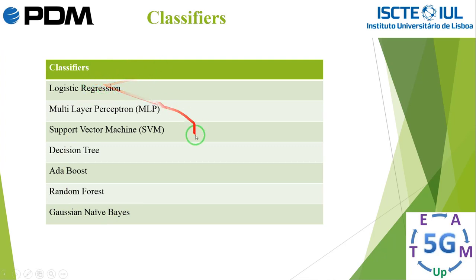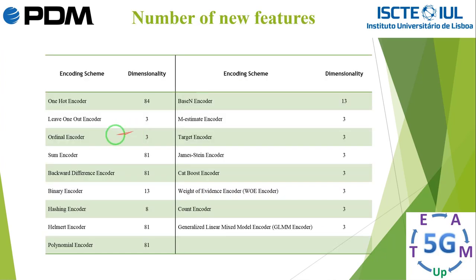For example, if you want to use SVM in your algorithm for classification and you don't know which of these category encoders is better for you, use the SVM to compare the result of each of these encoders.